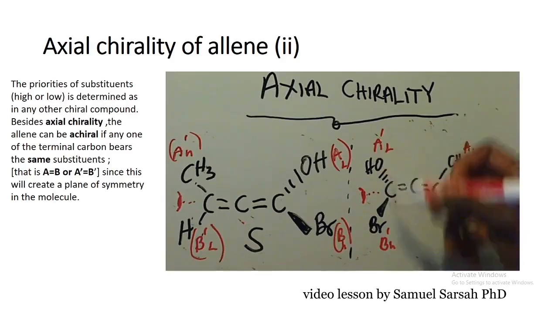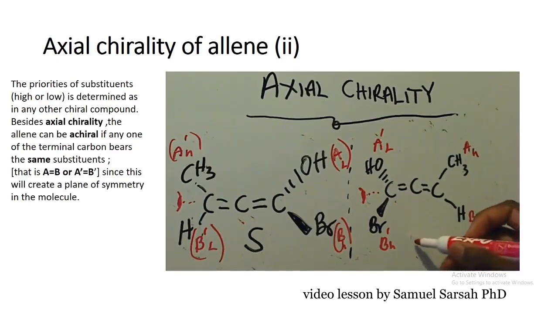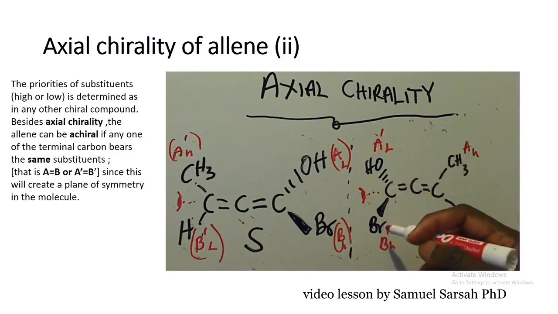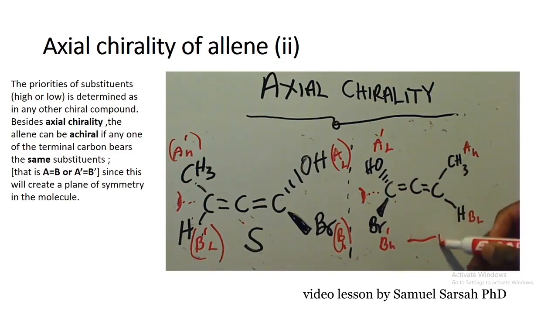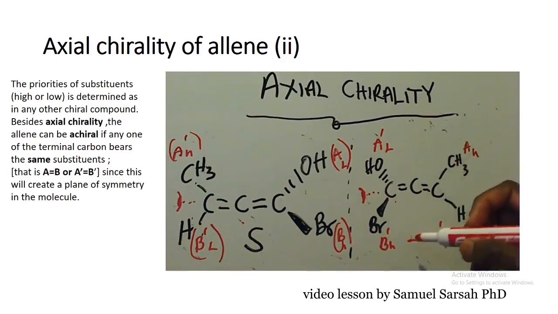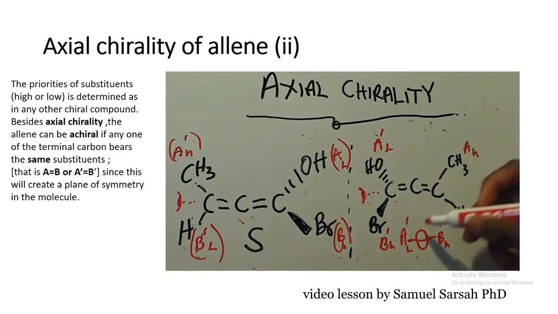So because I'm looking at this first, I need to draw the in and out. Okay, so if I stand here, the bromine will be on my right. This is a B prime H, and then the OH will be on my left, which is A prime L. And then behind it is going to be my methyl group and hydrogen.